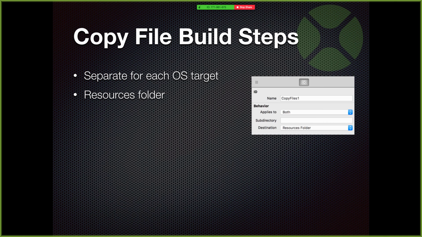These will be copied over by the build steps. In the case of Mac apps, they're copied directly into the app bundle in the resources folder. And on Windows and Linux, there'll actually be a resources folder alongside the app itself where all this stuff will be copied into.